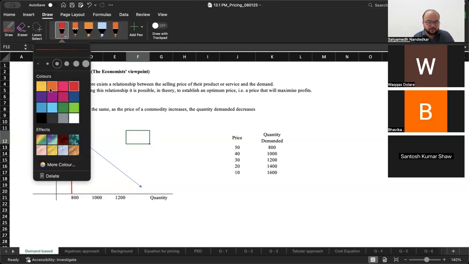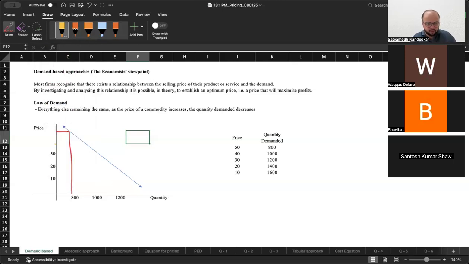Okay, then for price 40, I can never draw a line, it seems. For price 40, the quantity demanded is, say, 1000.